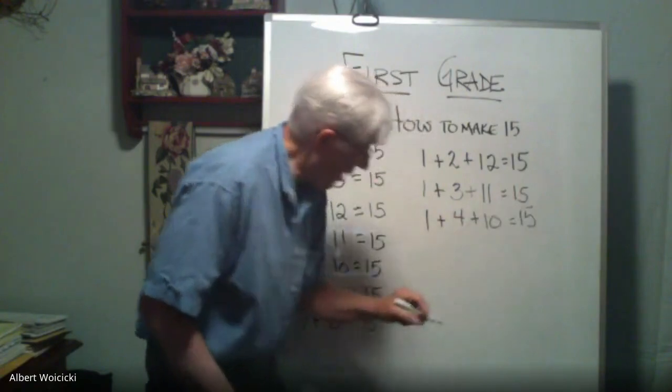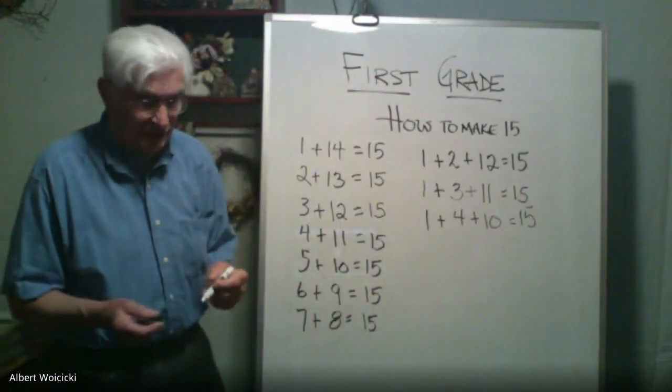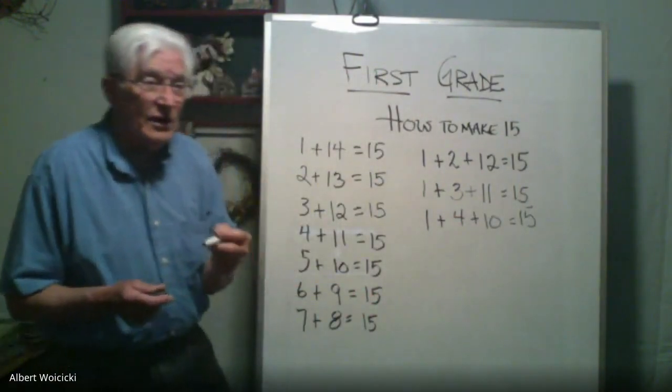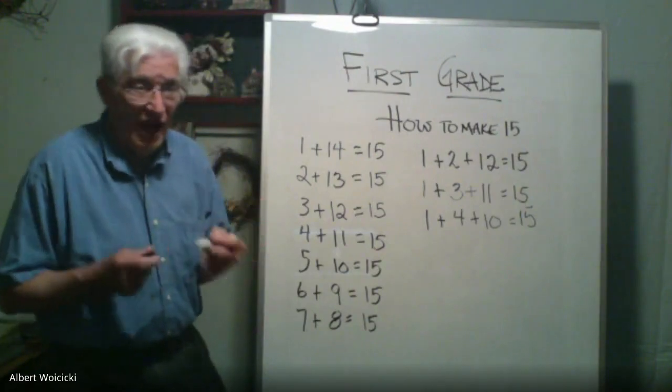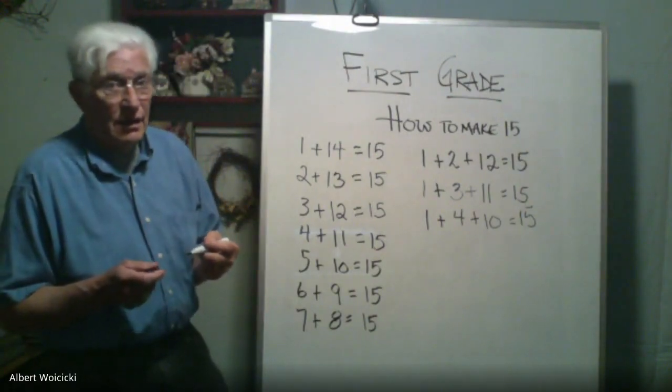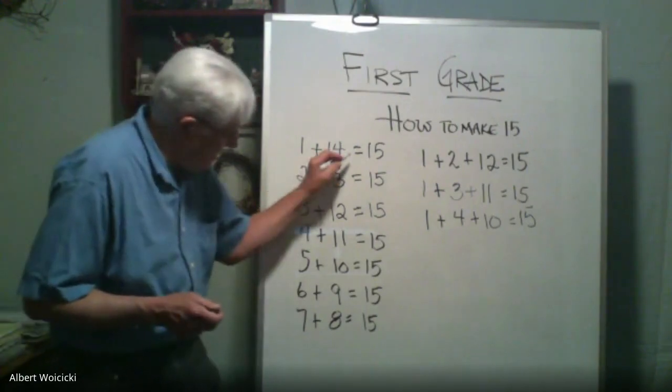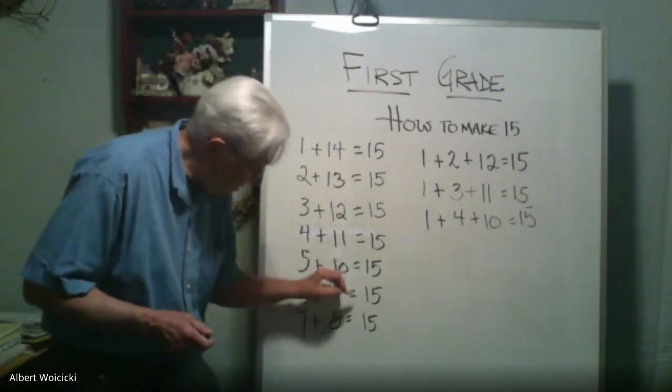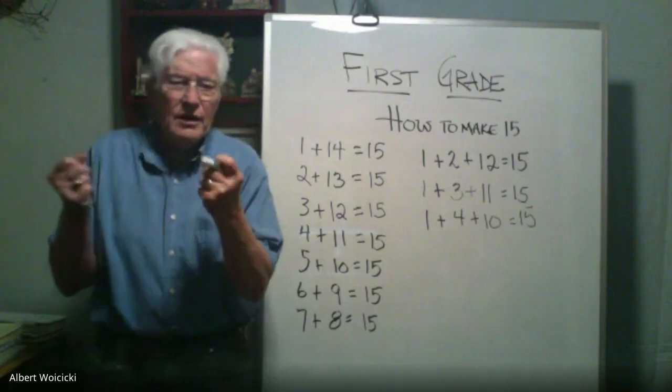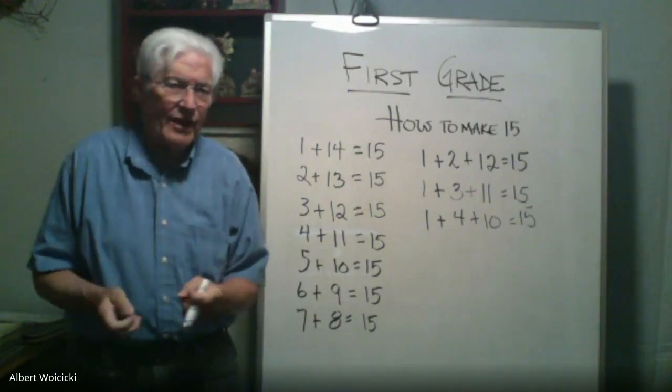Now, why do you think I keep writing equals 15? The key here is that equal sign. It is the second level of mathematics.